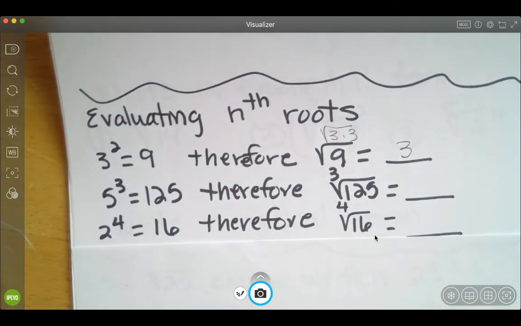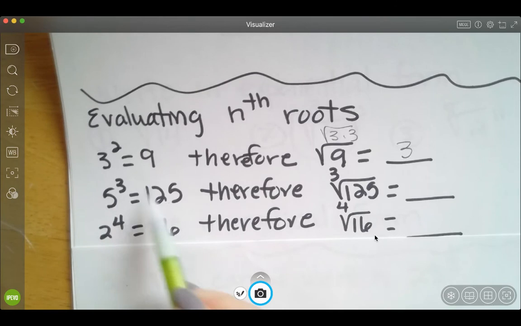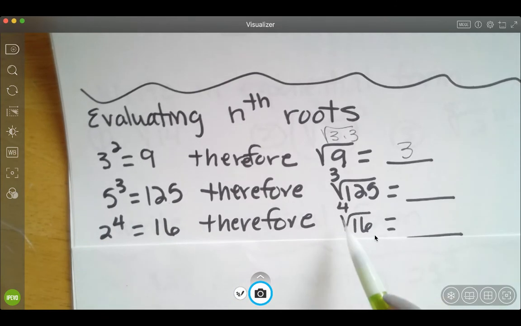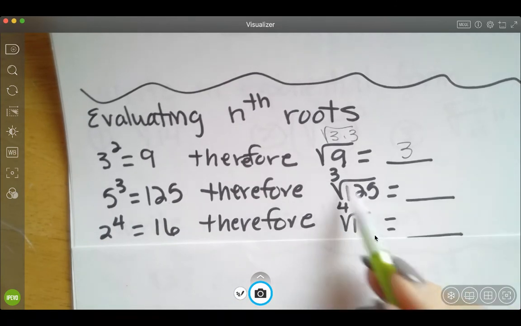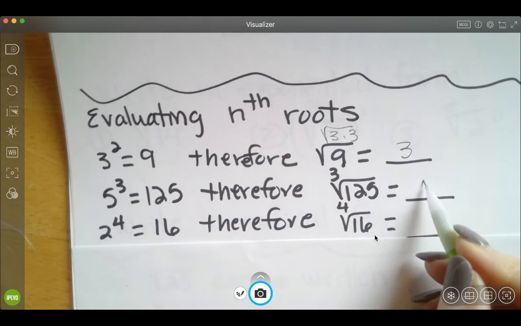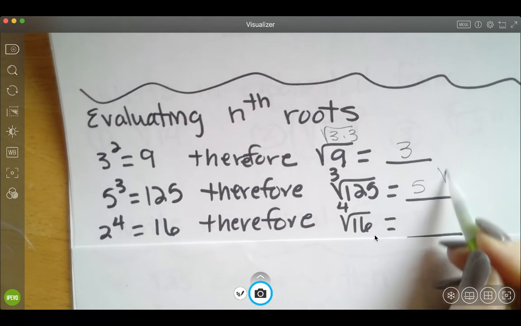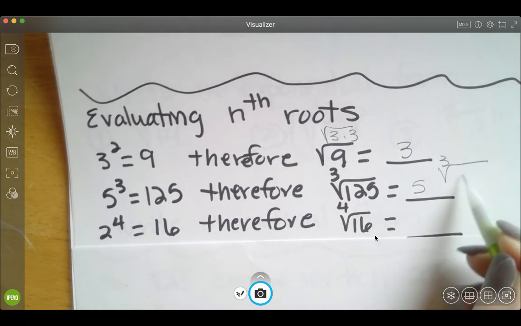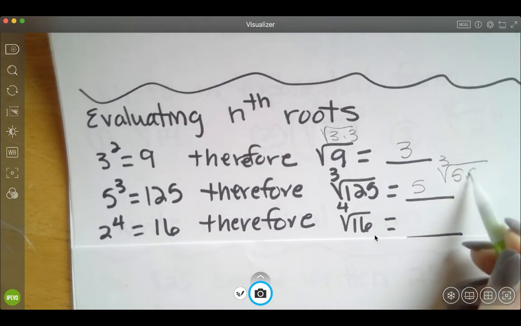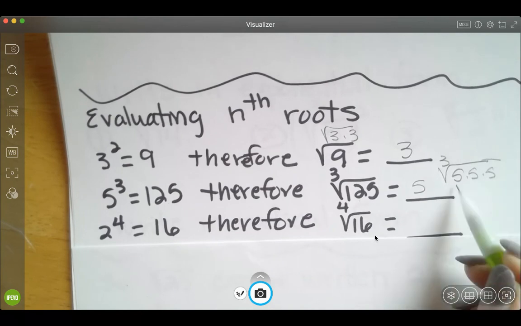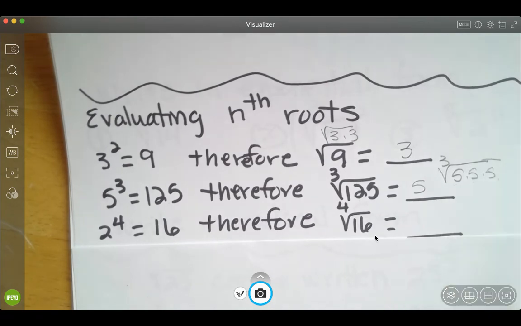And if you have 5 to the third power, so 5 times 5 is 25, and 5 times 25 is 125, so 5 to the third power is 125. That means that the cube root of 125 is 5, because for a cube root now, instead of needing 2 to take out 1, we need 1, 2, 3 to take out 1.